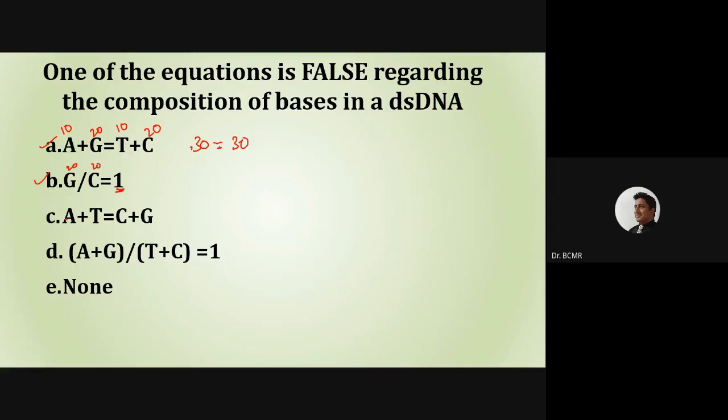This is a bit tricky. Now, A plus T, I said A is 10, T is 10, and C is 20, and G is 20. 20 is not equal to 14. Taking A plus G, A I said 10, G I said 20, T is 10, and C is 20. So 30 by 30 equal to 1. So that is correct. So C is the wrong option there, or the false one.